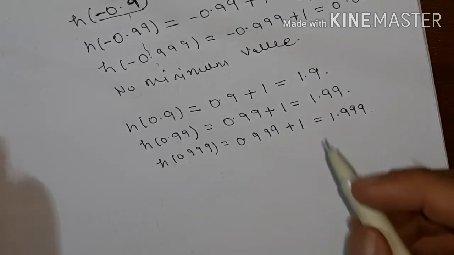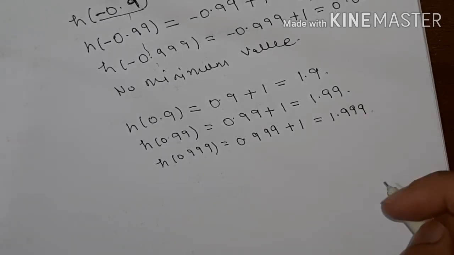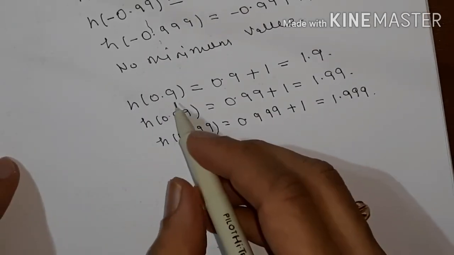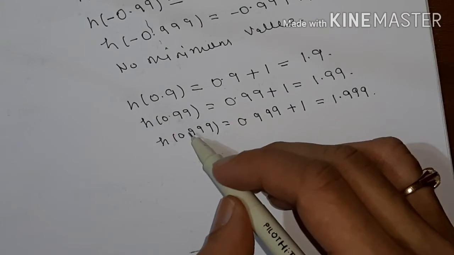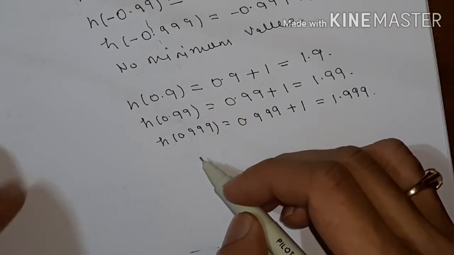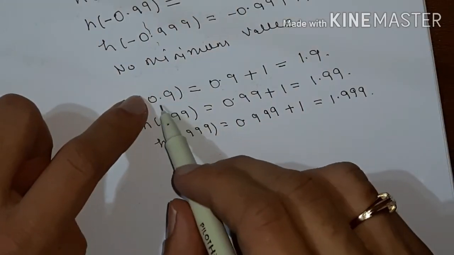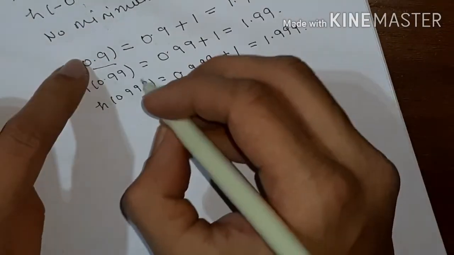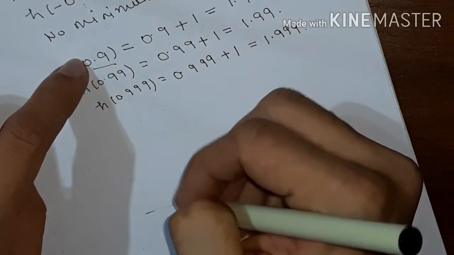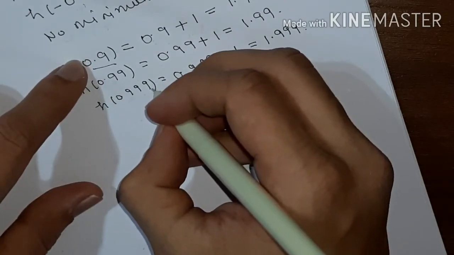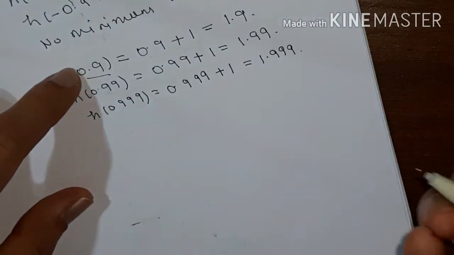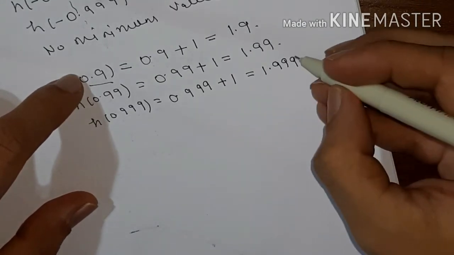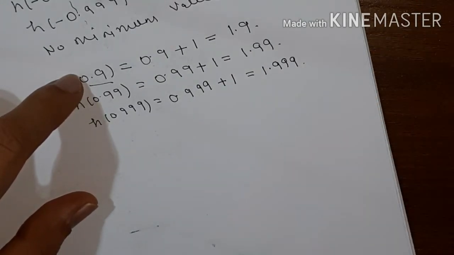You see that the values here also keep on increasing, right, because in the domain, that is the values between 0.9 to 1, there are infinitely many values. You can keep on increasing the number of 9s, you will get that many values of the function, and those values also keep on increasing.